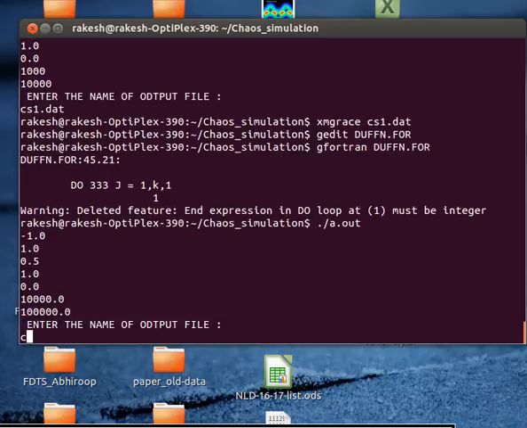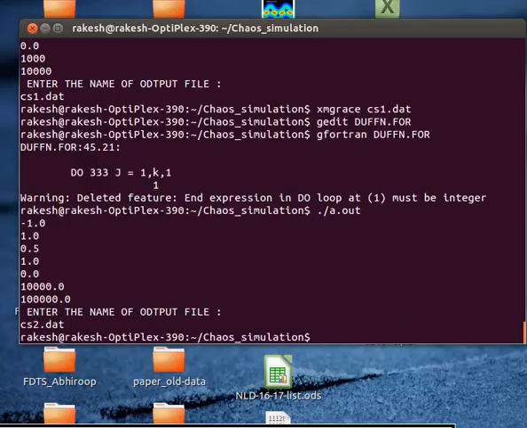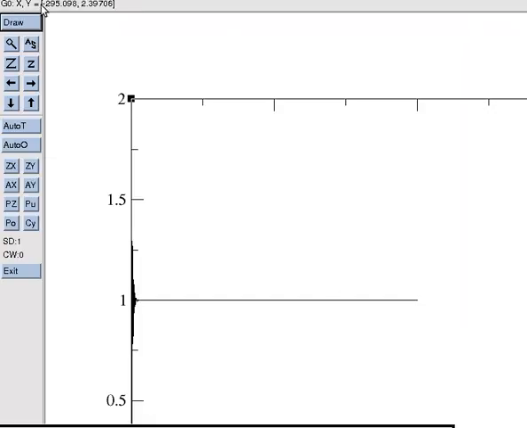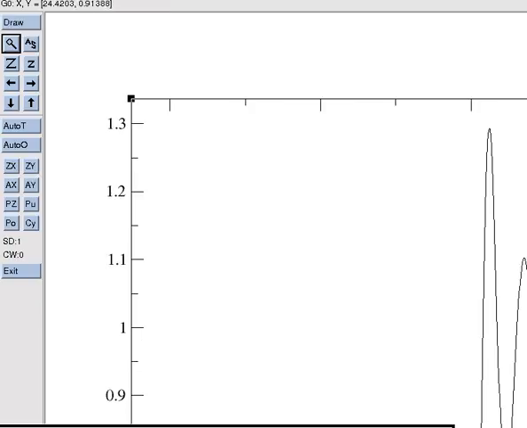Let's say the file is cs2.dat, and plot. When you plot it, the graph is like this. You have to zoom in on this portion, start from 0.